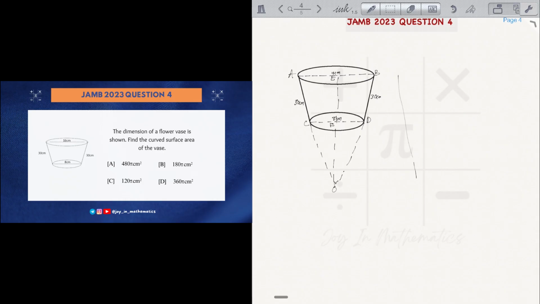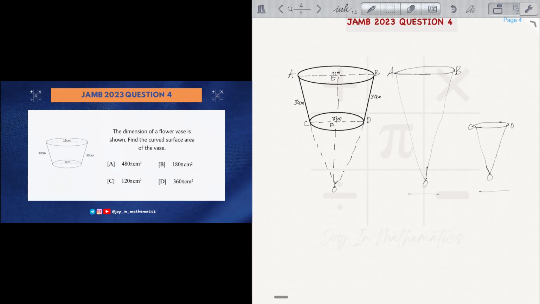We have this, and a circle. This is AB, and this is O. And likewise, if we draw the other one out, we will have CD and O. And this is resulting into a cone. We have the big cone and the small one.